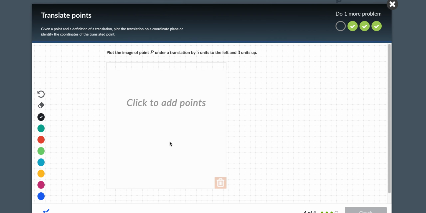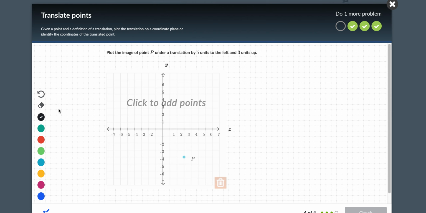All right, last one. Plot the image of P under a translation 5 units to the left and 3 units up. As we've learned, 5 units to the left means we're subtracting 5. So 1, 2, 3, 4, 5.